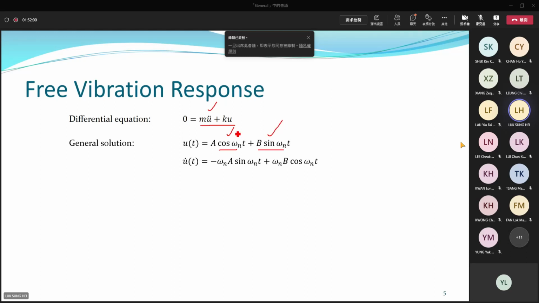So if you use sine and cosine functions as the general solution, you have some chance to fit this equation equal to 0. That's why using sine and cosine is a valid solution form, because after second order differentiation, it will give you back the original pattern.